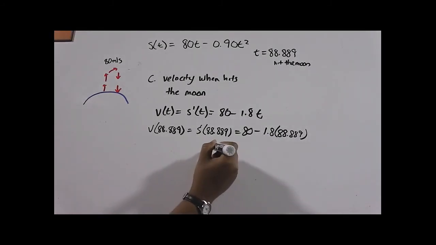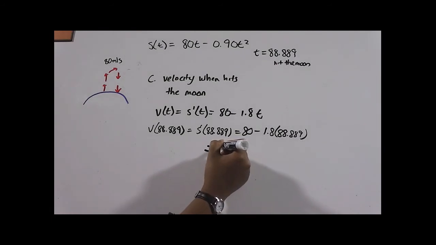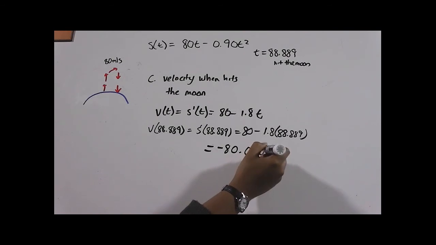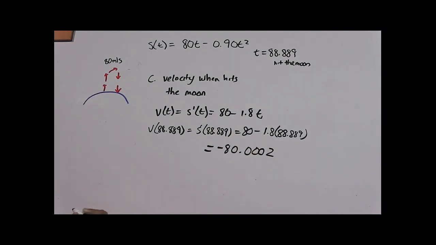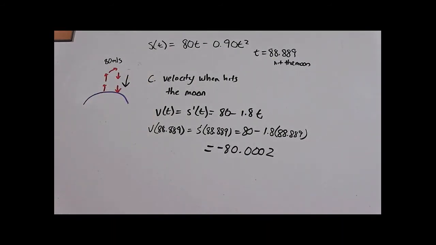And we get that the velocity is equal to negative 80.0002. And the velocity is negative because the arrow is hitting the moon in a downward motion.